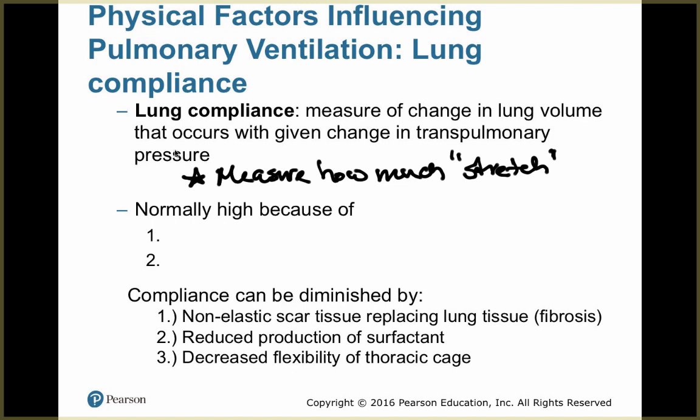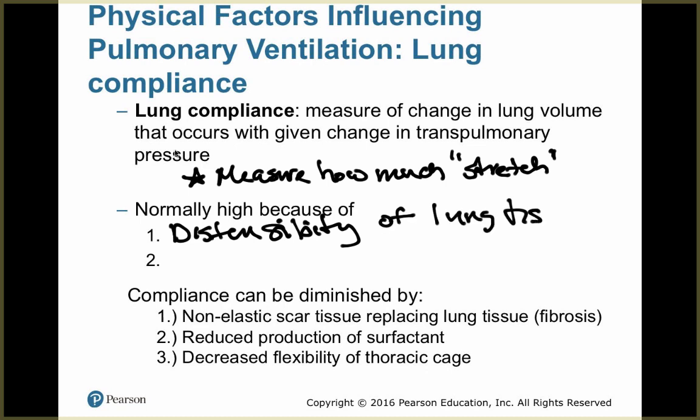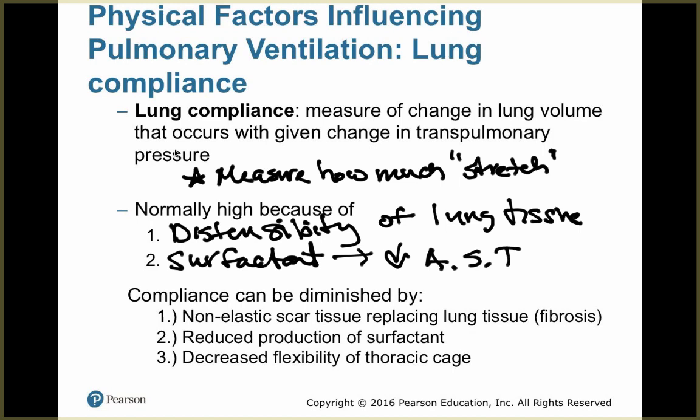And so it's normally high because of the distensibility of lung tissue. There are also those surfactants that, if you remember, decrease alveolar surface tension that we just talked about.